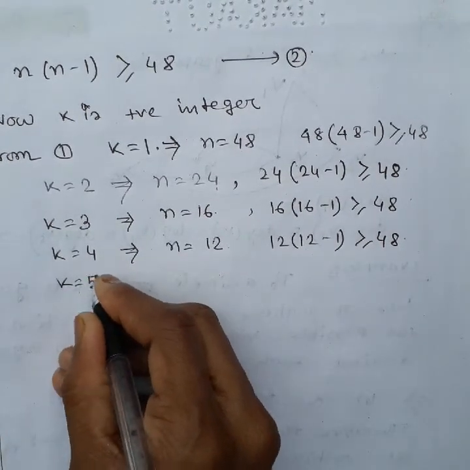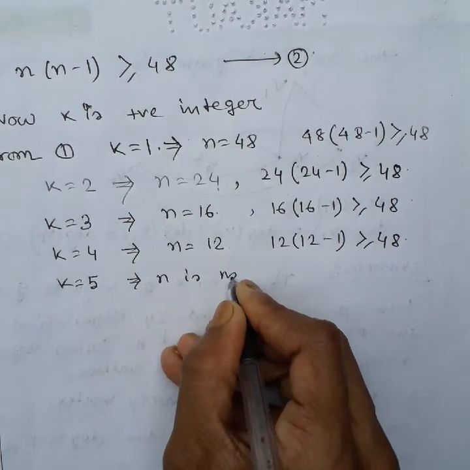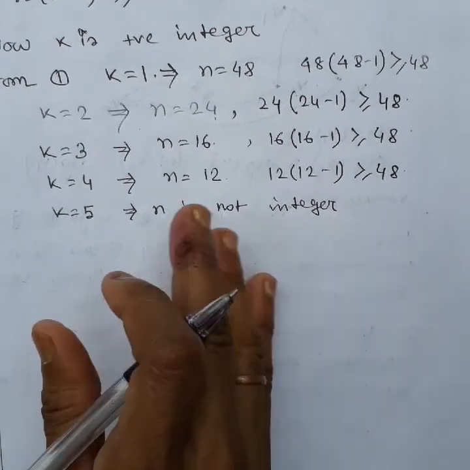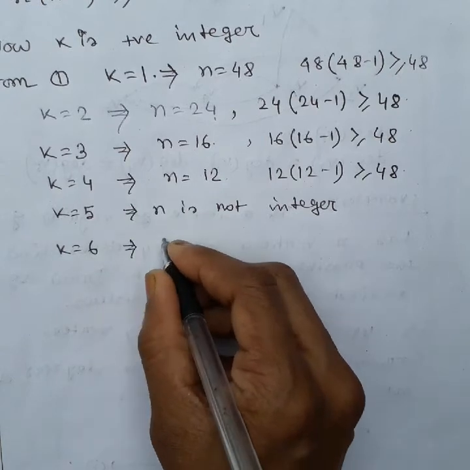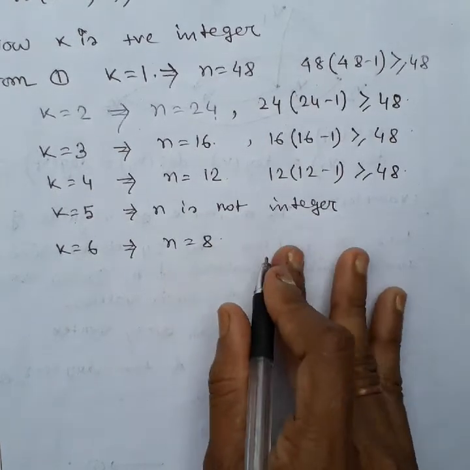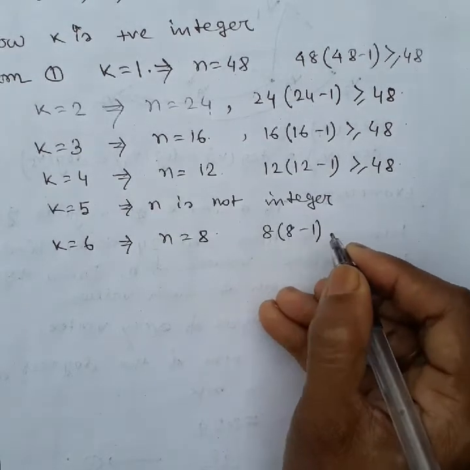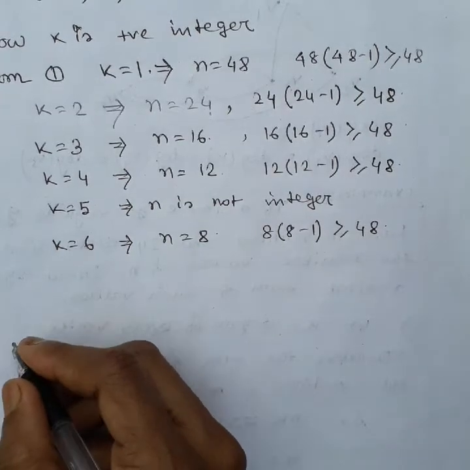When k is equal to 5, n is not an integer, so it does not satisfy here. When k is equal to 6, n is equal to 8. So 8 into 8 minus 1, 8 into 7, is equal to 56. This is also greater than 48.